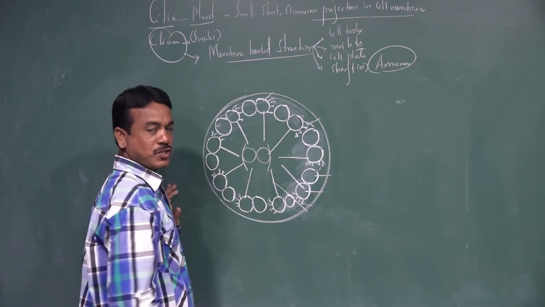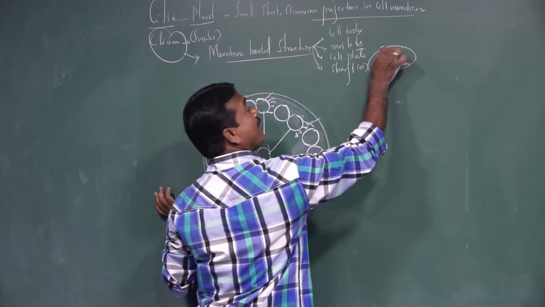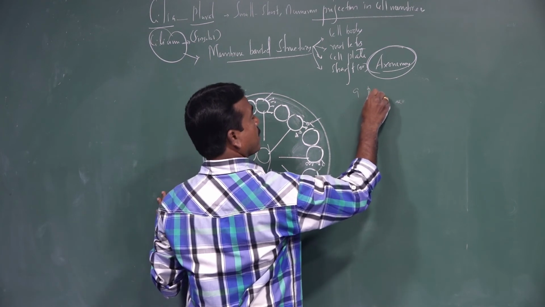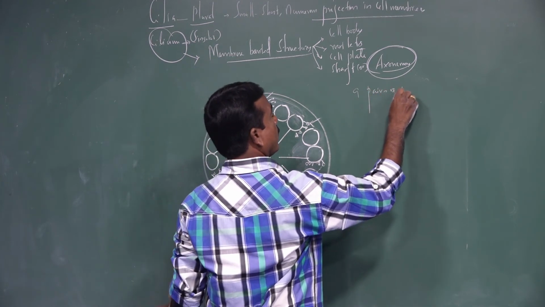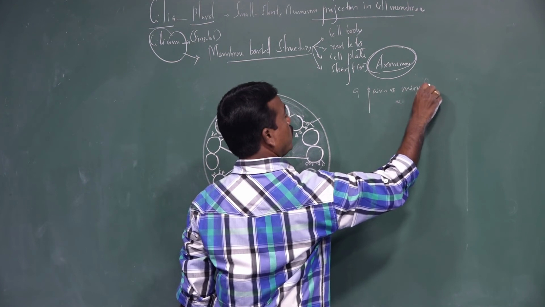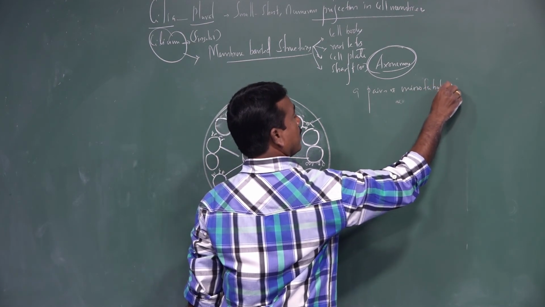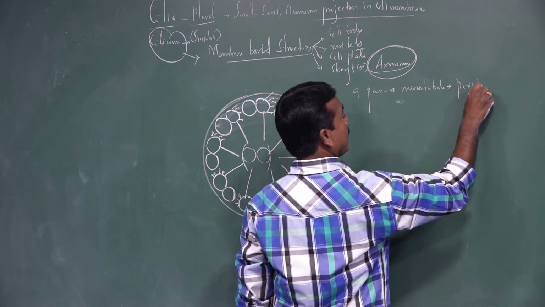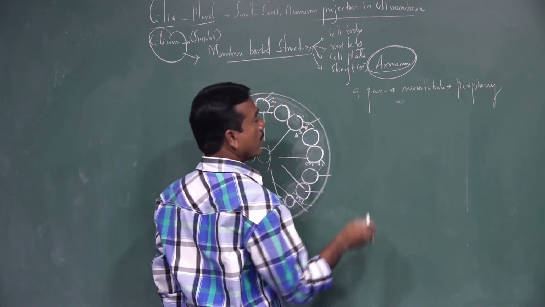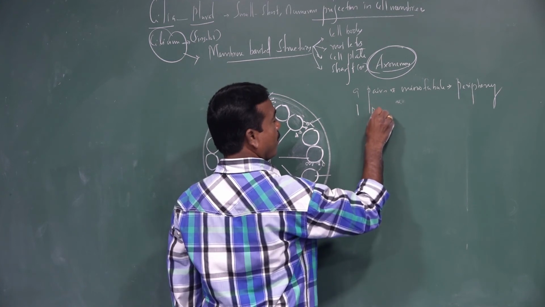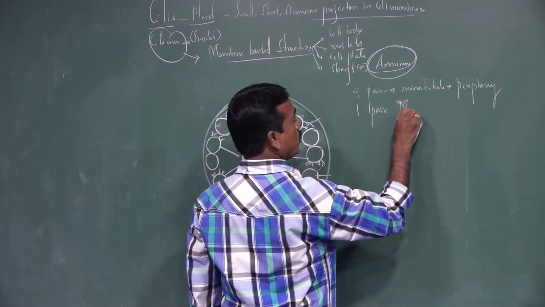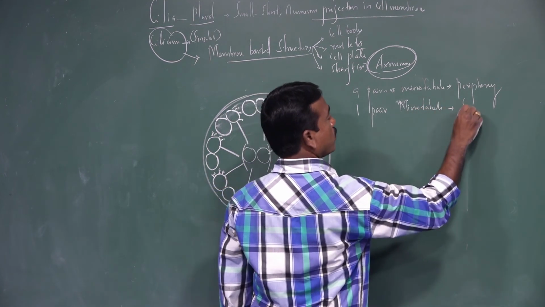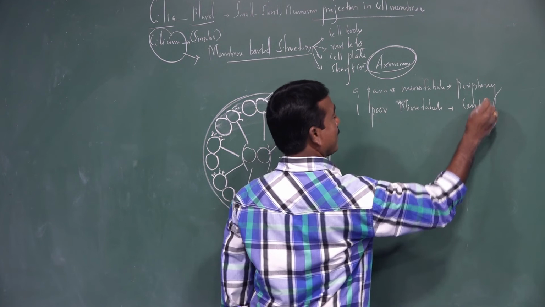Structurally, the axoneme is considered as 9 pairs of microtubules situated towards the periphery and 1 pair of microtubules situated at the center.